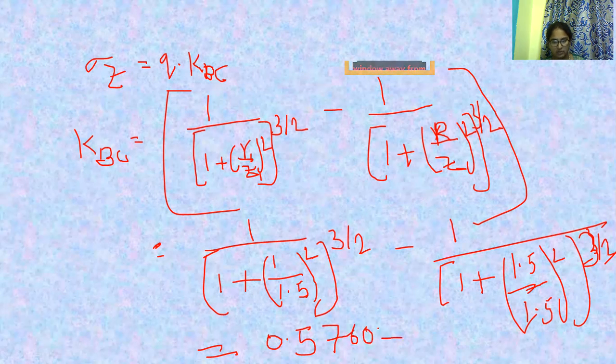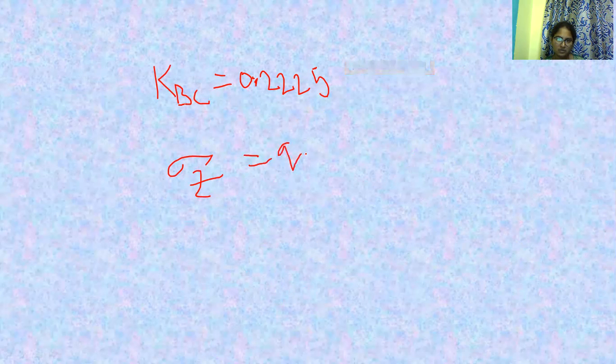Calculate this value, so the K_BC value is 0.2225. Now substitute that K_BC value in the vertical stress equation, sigma z is equal to q into K_BC.